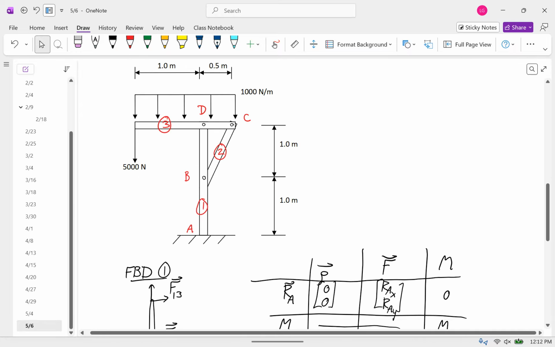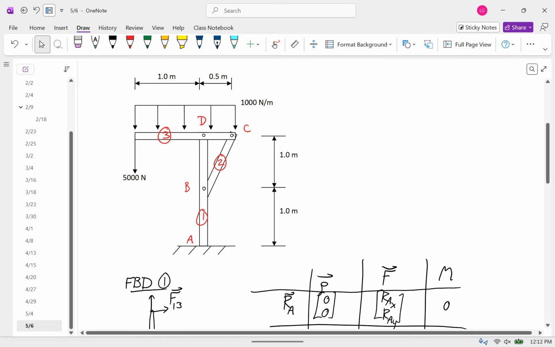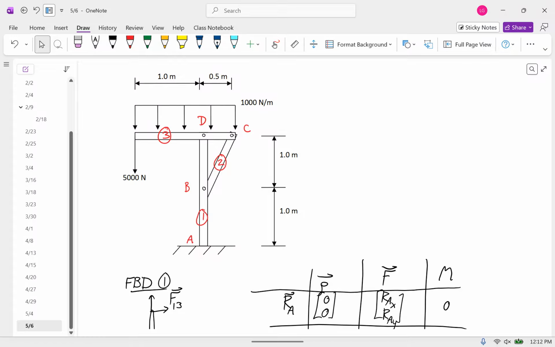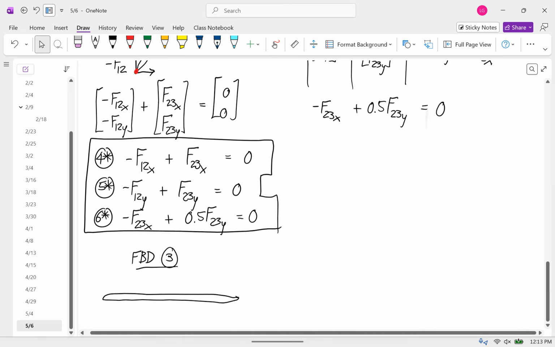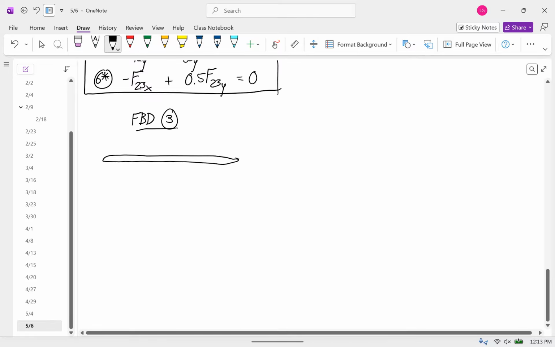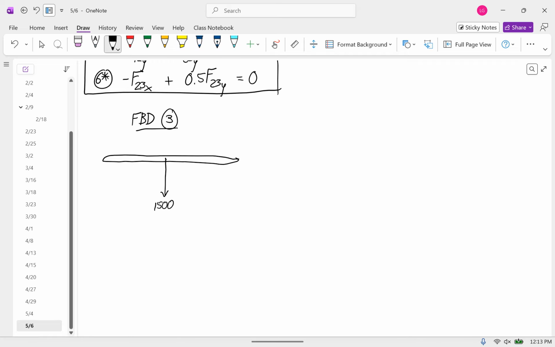And this one, we have a uniform distributed load and a length of 1.5 meters. So if I'm going to represent that as a total point force, the centroid is at the middle, and the total force is 1,500 newtons. So we have 1,500 newtons there.